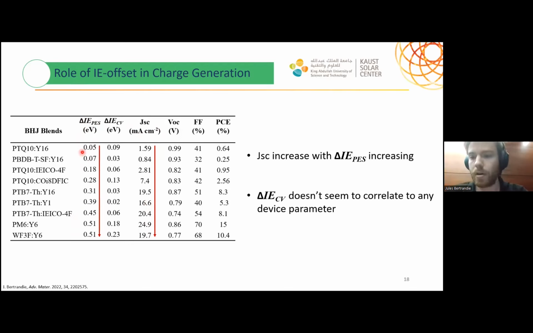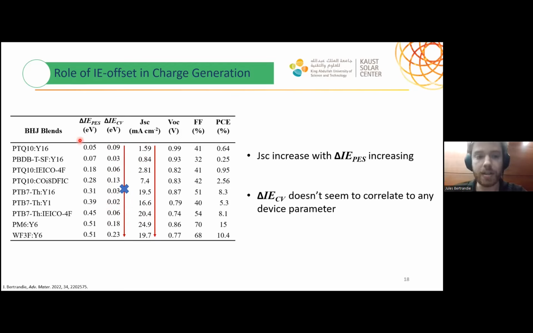When you have a low delta IE, you have a low GSE, and when you have a high GSE, you can see that the delta IE is quite large. But this trend, we cannot see it in the case of the CV. In the case of the CV, you have both blends with low charge generation and high charge generation, with low offset.